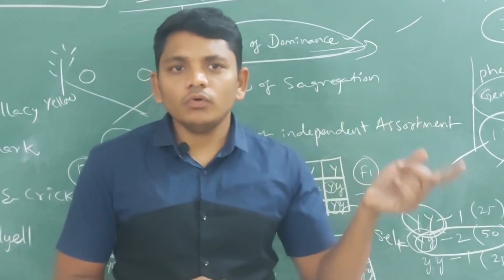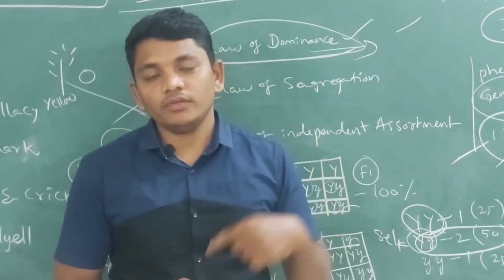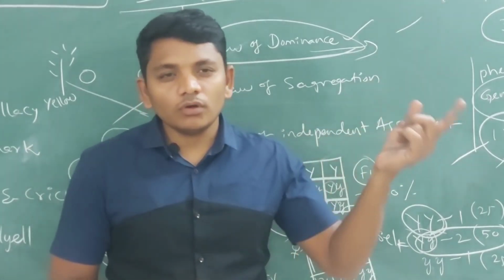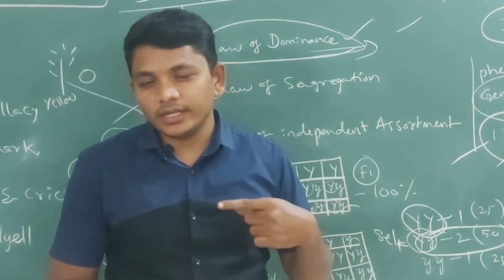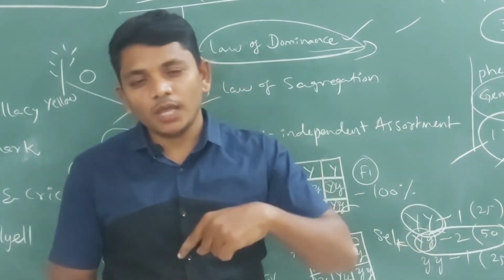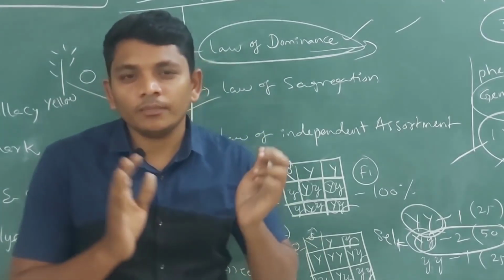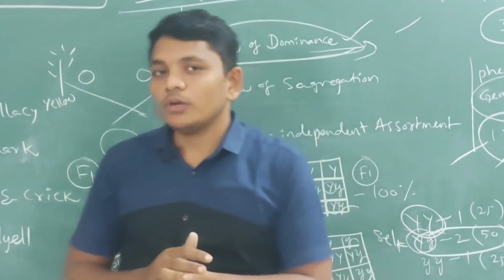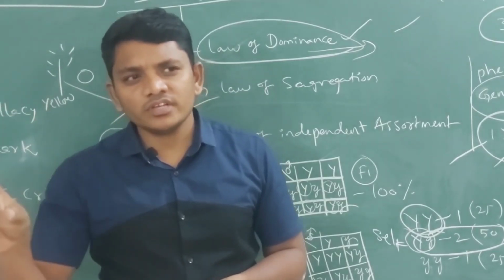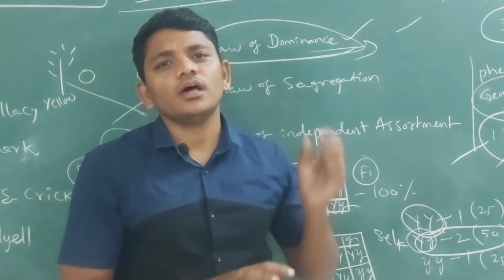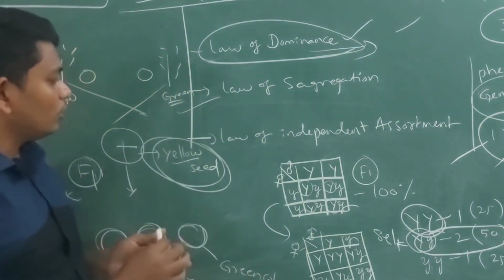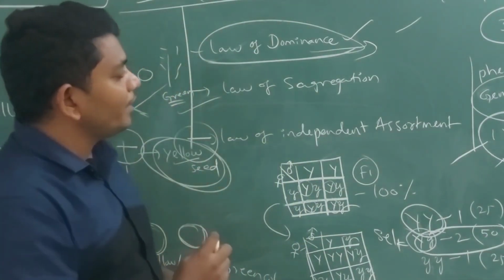If the shape of my mother's nose came to me, this is also the law of segregation, which means the character easily came to me. Clear? And the third one, the law of independent assortment.